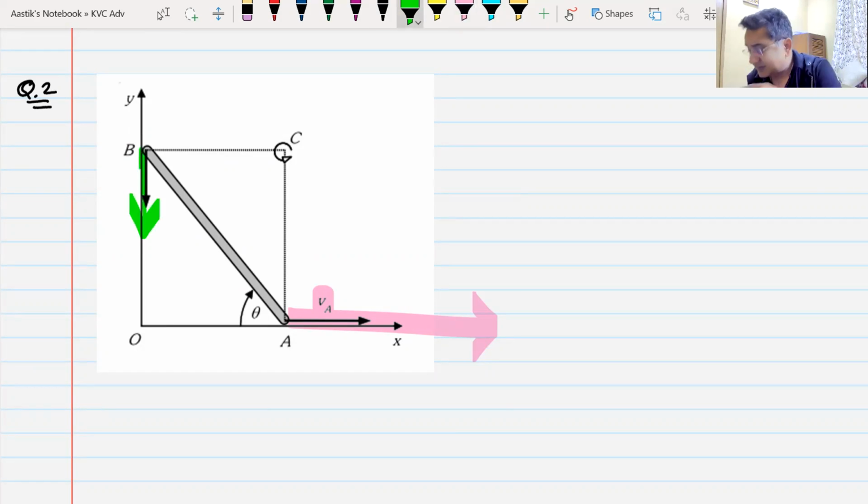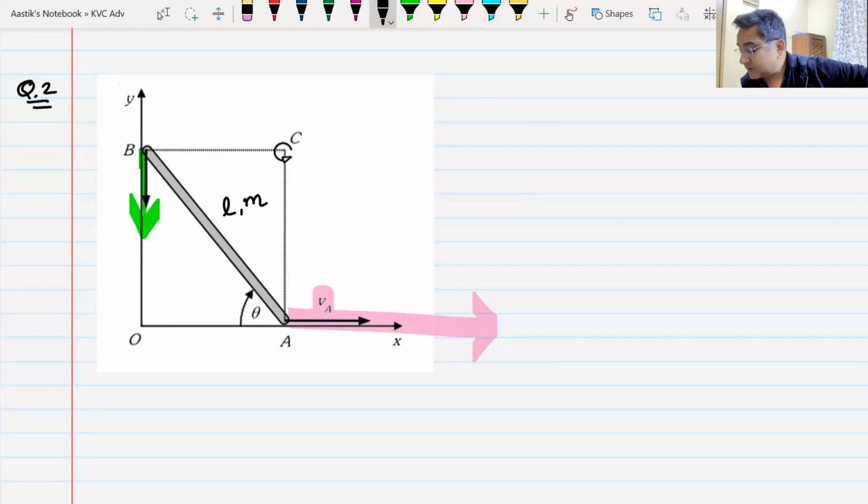The angle theta is given to you. So what are the things that are given to you? The velocity of point A is given, the angle theta is given, and in most cases probably the length of the rod L, and let us say the mass of the rod is also given, so I can make this question bigger.